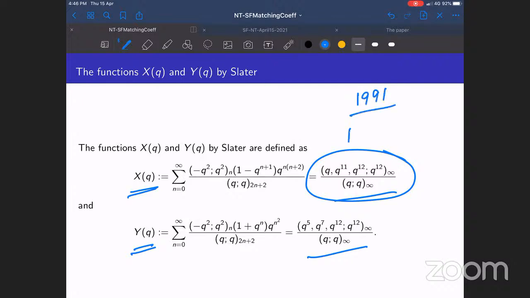Then with my student Jonali, we also found some results on XQ and YQ. And in fact, partition theoretic interpretations can be given for those types of results. But we never thought that those would be used in finding these matching coefficients.